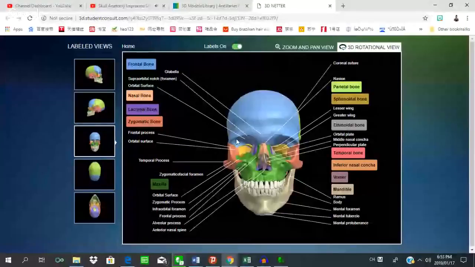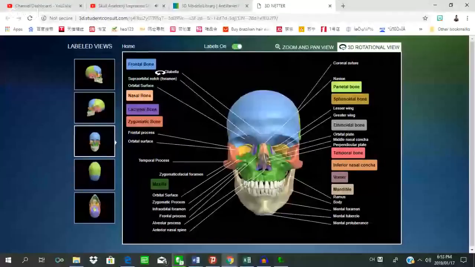What you need to remember as well, I forgot to mention, is that the skull is divided into the calvarium and the actual facial skull. The calvarium is made up of a total of, I think, 8 bones. We can try to count them. The calvarium, the top part: you have your frontal bone, that's one.